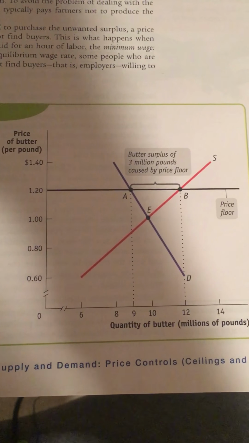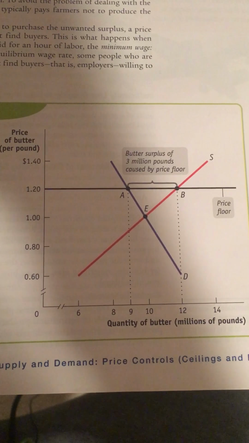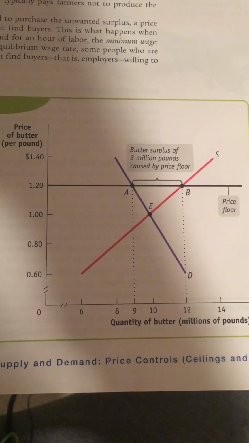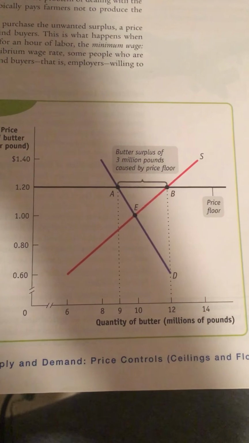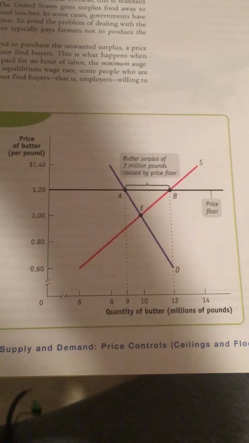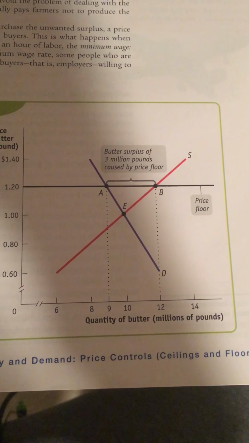The surplus results in inefficient resource allocation, low quantity, wasted resources, and a black market. That is the disastrous effect of a price floor.